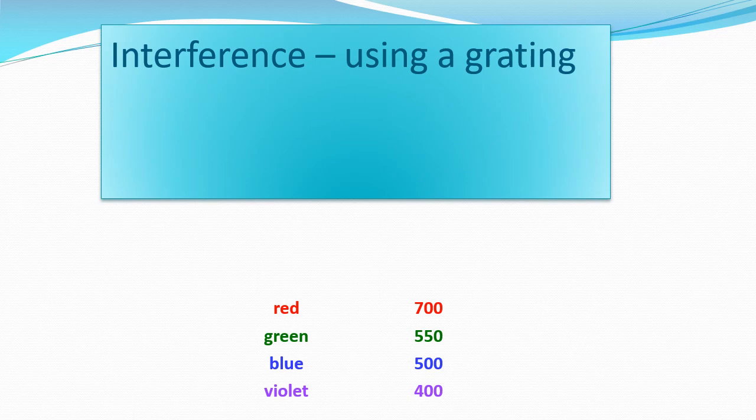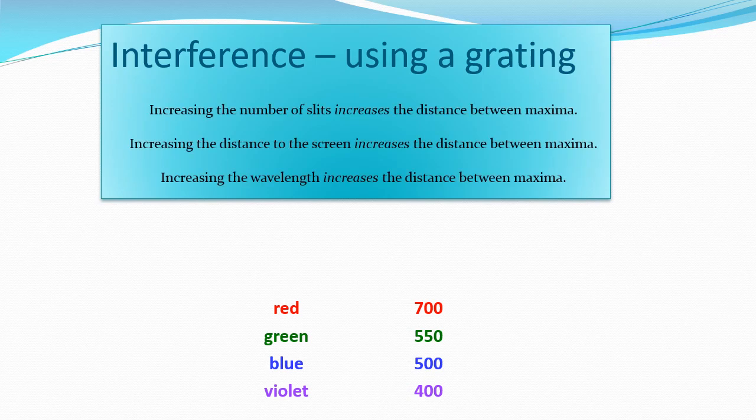So when we use a grating, there are a few different things we can do to increase the distance between the maxima. Increasing the number of slits in the grating increases the distance between the maxima. It just means that the maxima, or the points of constructive interference, will be further away from each other.